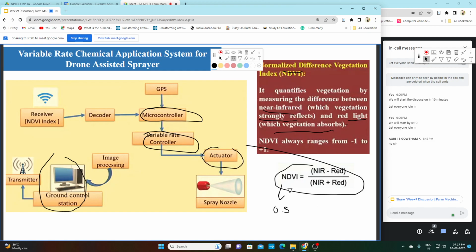If your NDVI index is less than the threshold value, then your spray system will not get activated. So no spraying will be done at NDVI lesser than threshold, and spraying will be done at NDVI greater than threshold value. This is the concept of the variable rate chemical spray system.